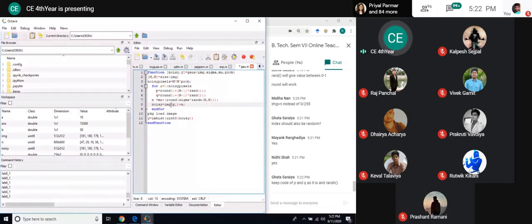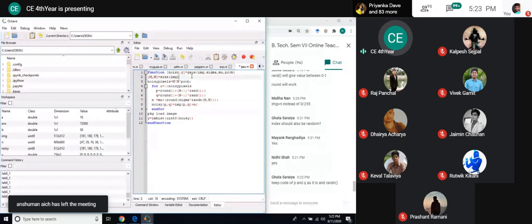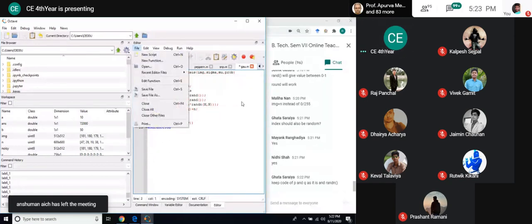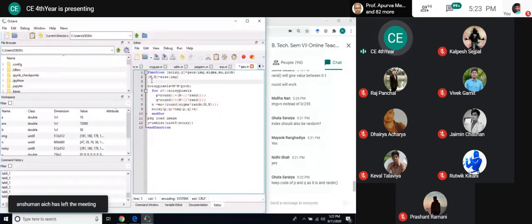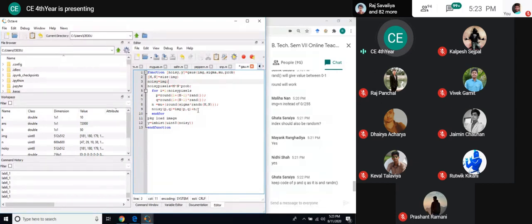Only those random locations should get altered. Otherwise my noisy image should be as it is, as my image. I hope you are getting the case. So only those locations are altered and n is added.